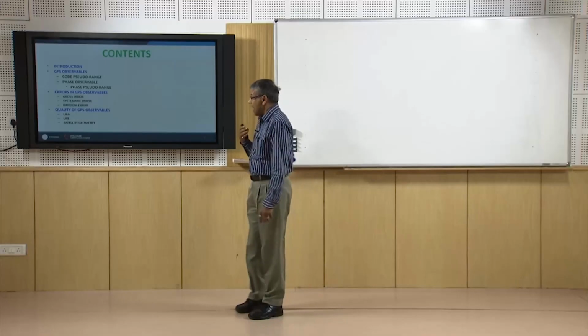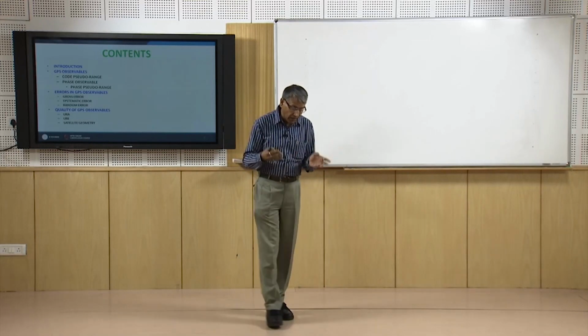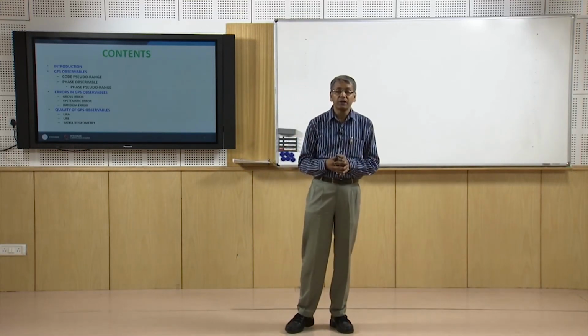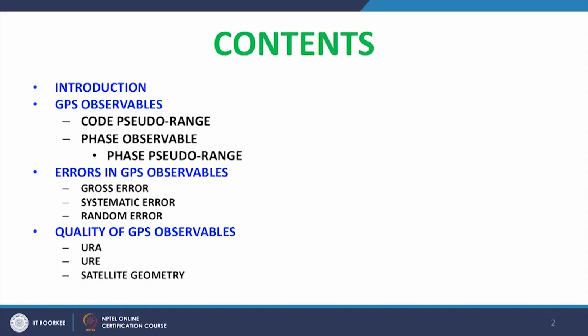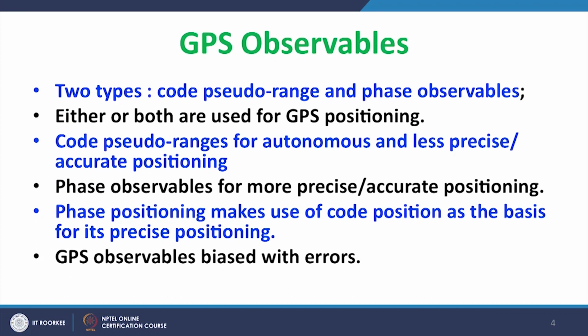Finally, because the quality of GPS surveying depends upon the quality of GPS observables, we need to test the quality of GPS observables. So I would like to discuss it using 3 parameters: URA, meaning user range accuracy, user range errors, and satellite geometry.